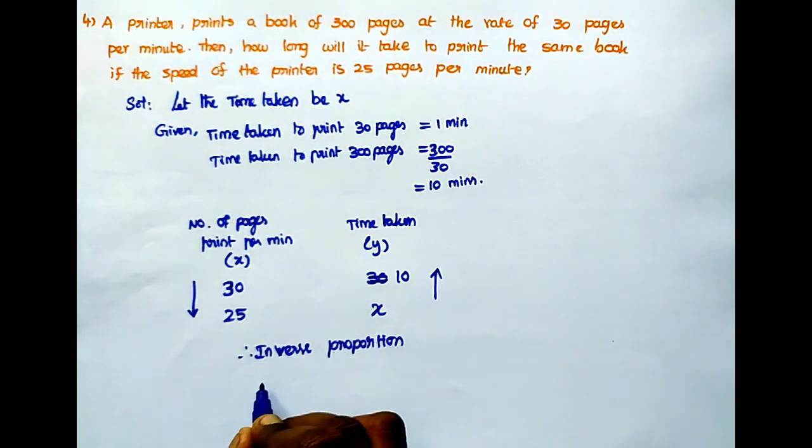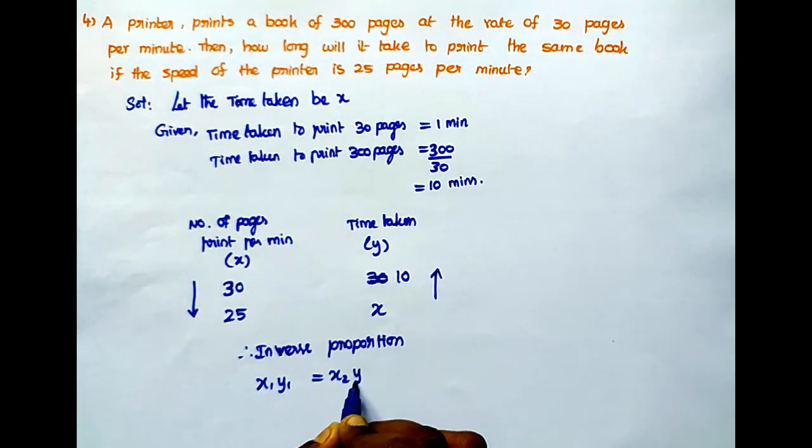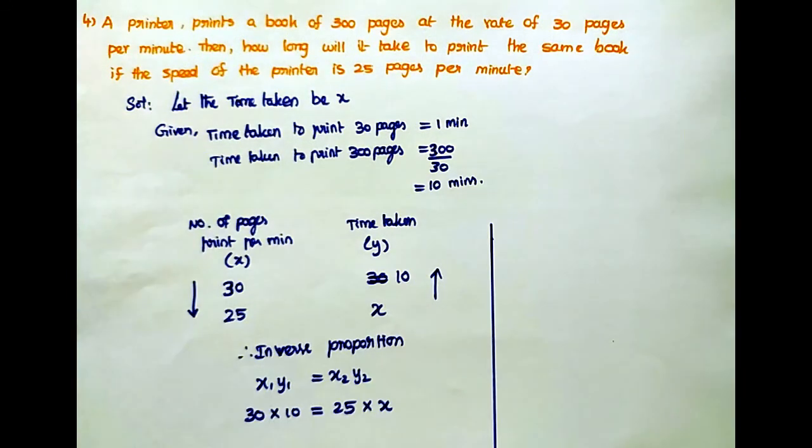Inverse proportion means what is the formula? x1 y1 equal to x2 y2. Here x1 is 30 into 10 equal to 25 into x. Now change the LHS and RHS. 25 into x equal to 30 into 10.